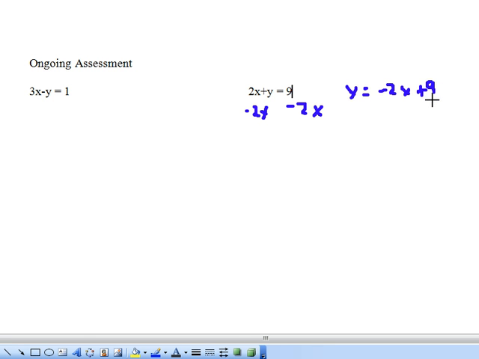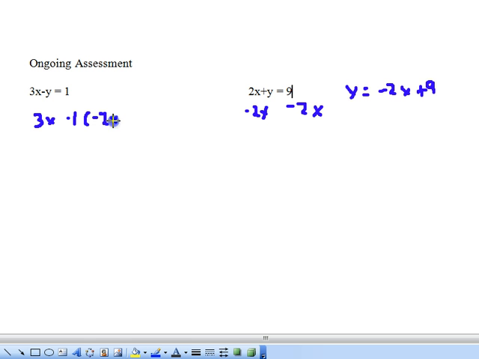Alright. Now, I'm going to go back to this equation, and I'm going to put in negative 2x plus 9 for the y. So, you're going to have 3x minus 1, because remember, there's an understood 1 right there, times negative 2x plus 9.